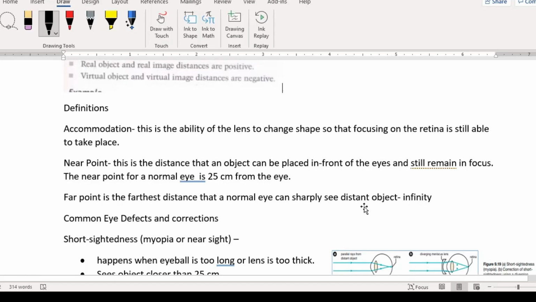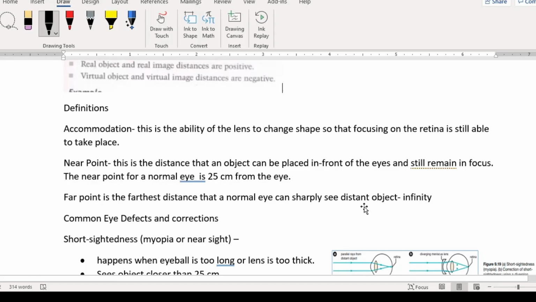So we have the near point and we have the far point. The far point is the furthest distance at which a normal eye can see an object. The furthest you can see an object is considered to be your far point, and in most cases, the far point for a normal individual is considered to be infinity.